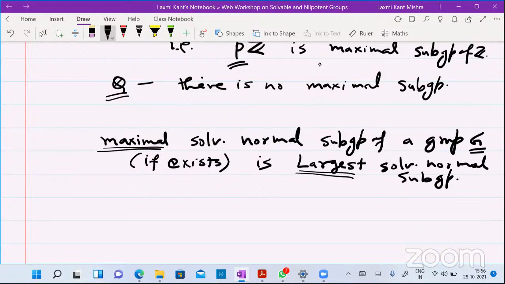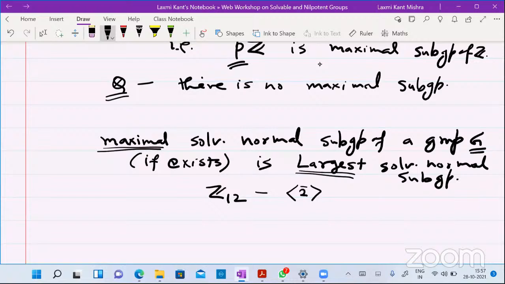Okay, you will be knowing that if we take any cyclic group, suppose I'm taking a simple example like Z12. There is a subgroup which is generated by 2 bar, and that is maximal, and that is also largest.